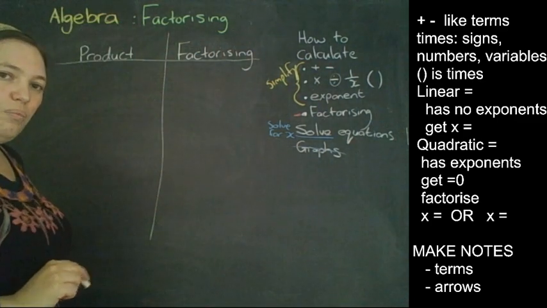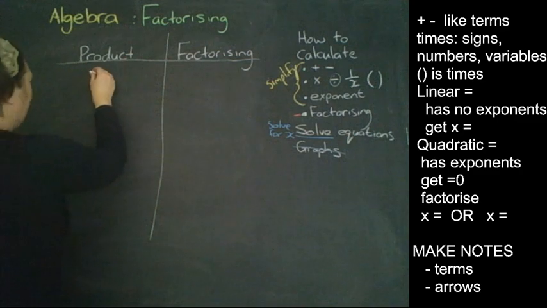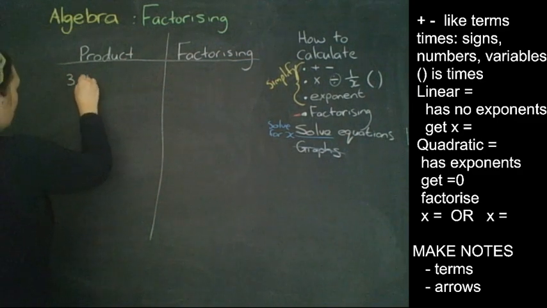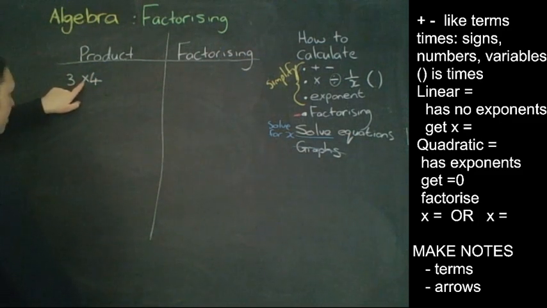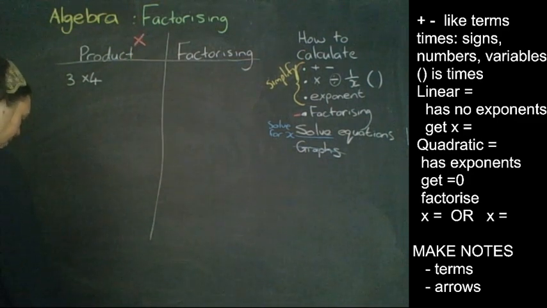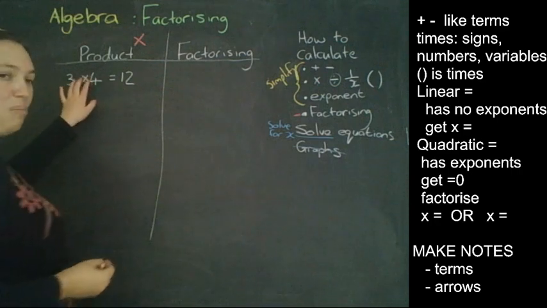When we were in primary school, and maybe this year a little bit, last year a little bit, let's say we had 3 times 4. Okay, times is a product. Equals 12. Remember we call that multiples.